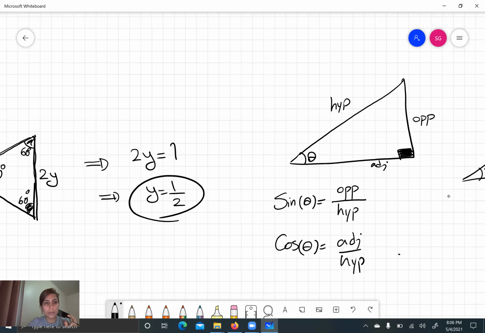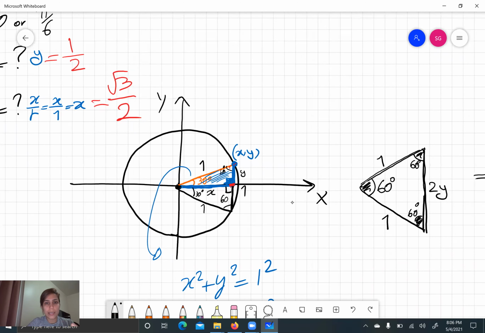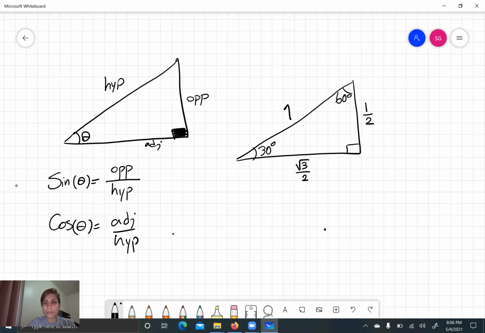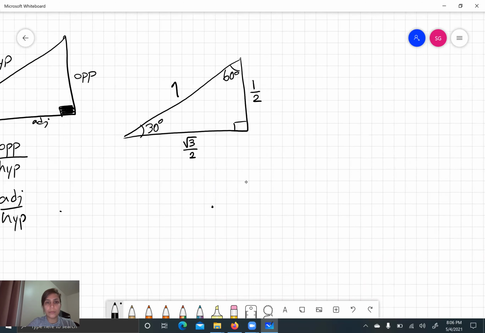I'm just putting what we saw here, right? Because you saw that y is half and x is the square root of 3/2. So in this triangle, this side is half, this side is the square root of 3 over 2.